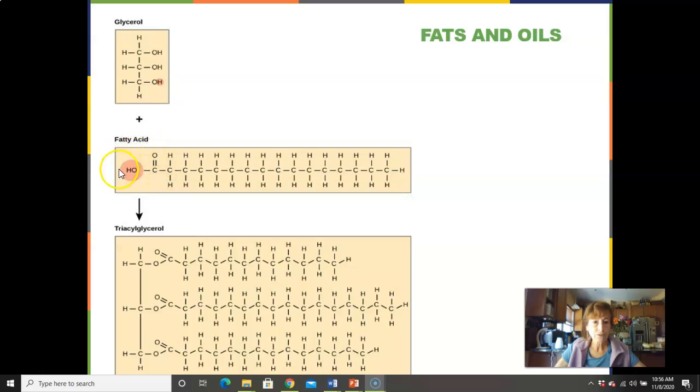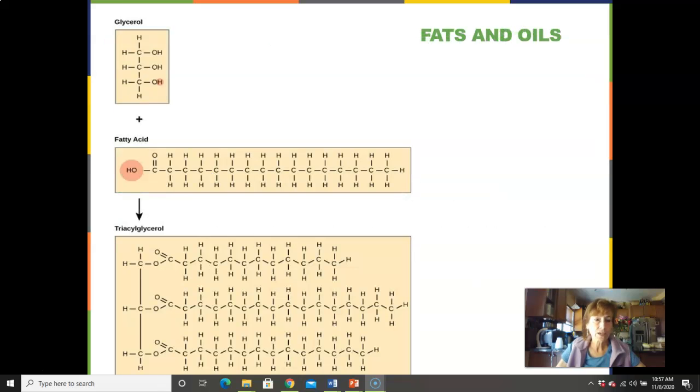So here you can see right here a carbon, double bonded oxygen, and an OH. So this is a carboxylic acid functional group. And then if you look at the rest of it, you say, wait a minute, there's a long chain of hydrocarbons. And that's where a lot of this energy storage is.